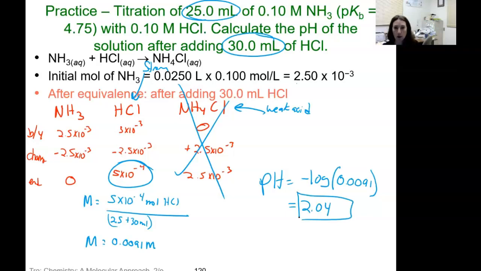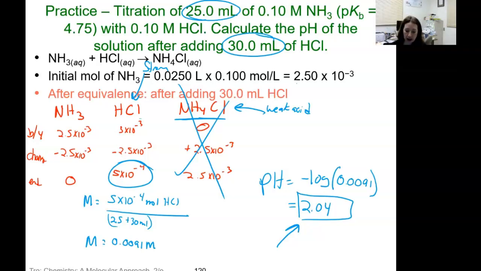And this is what we would expect, right? If all we have is strong acid, our pH should be really low. We have a little bit of weak acid here too, but no matter what, we should have a very low pH, less than 3 for sure, because we have excess acid.